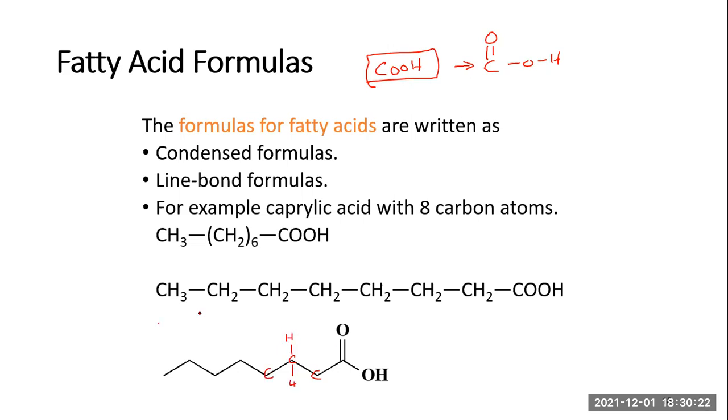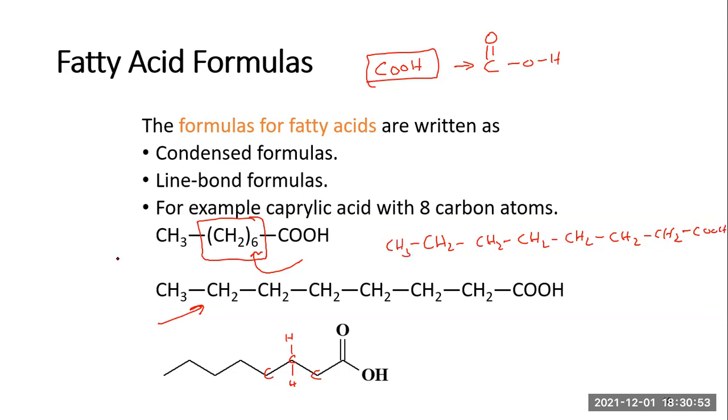This is a condensed formula, if you will. Remember that if you see parentheses and a number on the bottom there, that means there are 6 of those CH2 units connected in a row, in addition to our carboxylic acid in this case, and we've got our CH3.